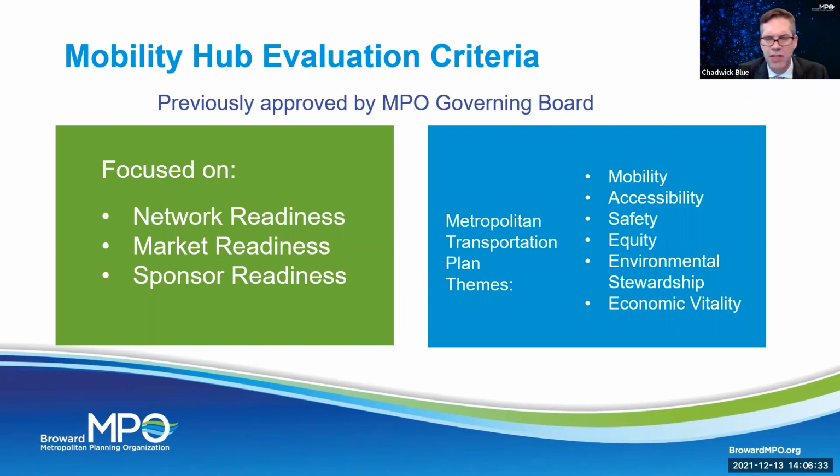Our focus is essentially on network readiness, market readiness, and sponsor readiness. Again, we try to tie these themes back into the themes in the Metropolitan Transportation Plan, and those include mobility, accessibility, safety, equity, environmental stewardship, and economic vitality. I'll show you a little bit more about that in the next slide.